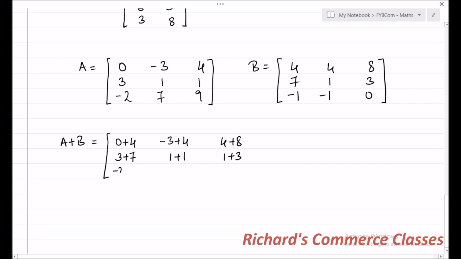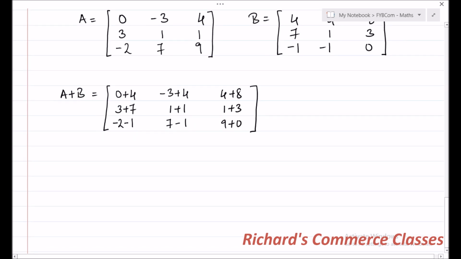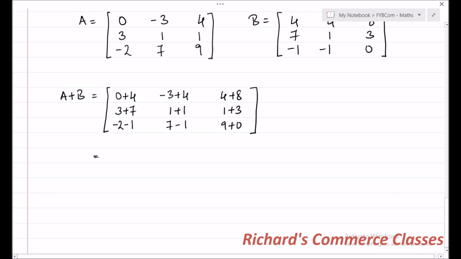And the last row, minus 2 minus 1, 7 minus 1, and 9 plus 0. And finally the answer, 4, 1, 12, 10, 2, 4, minus 3, 6, and 9 is the solution for A plus B.